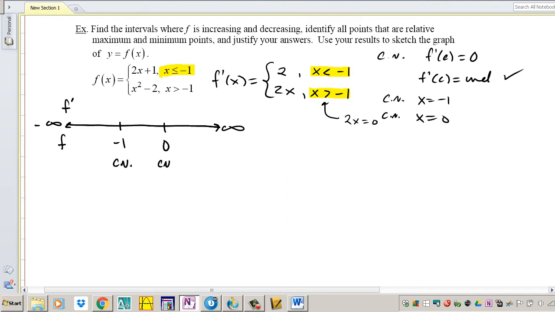Those are my critical numbers. And then I want to plug in numbers before it, like negative 2, positive one half, and 1. So I have three numbers to test in my derivative.